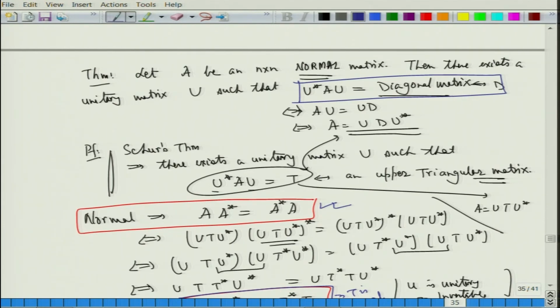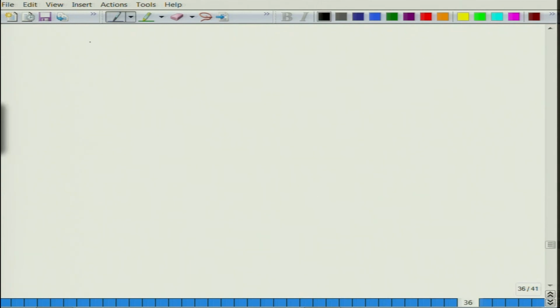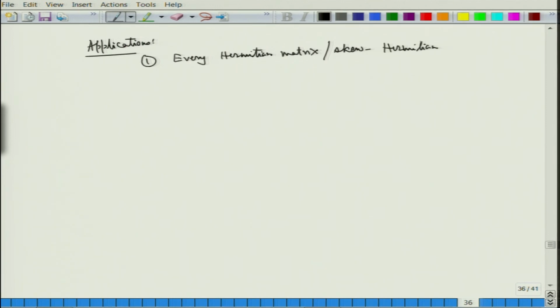So let us try to have an application of this. Applications. One, every Hermitian matrix, skew Hermitian matrix, or unitary matrix, and so on, are diagonalizable.